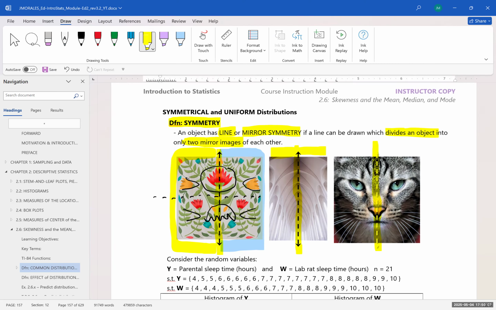If you were to take what you saw on the left and flip it over, you would have mirror symmetry on the other side. This might be easier for you to relate to when we talk about symmetry and a line of symmetry.